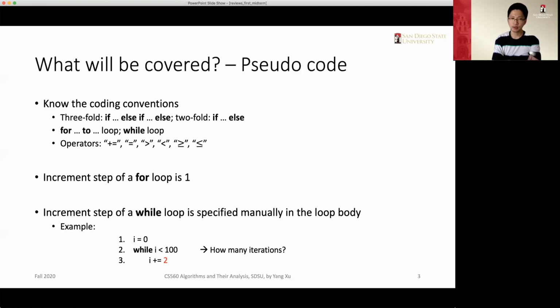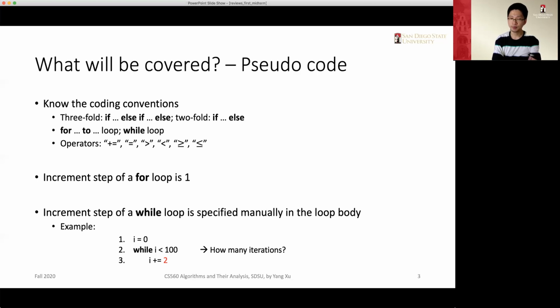But for another, more flexible loop structure like the while loop, we can specify the step. For example, in this demo, we let i increment by 2 within each iteration of a while loop.